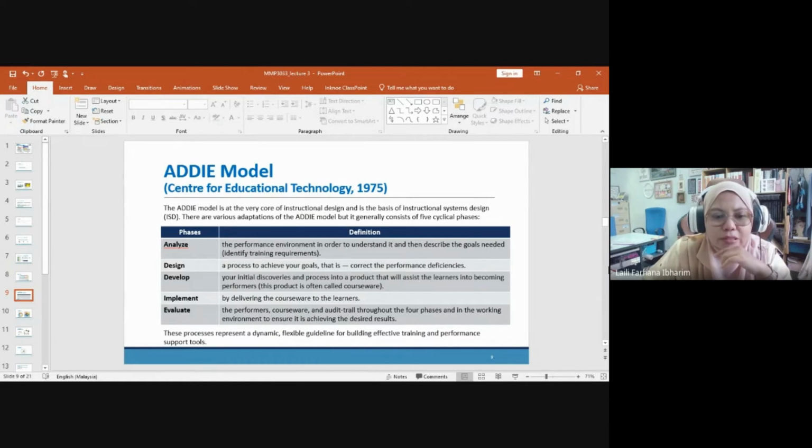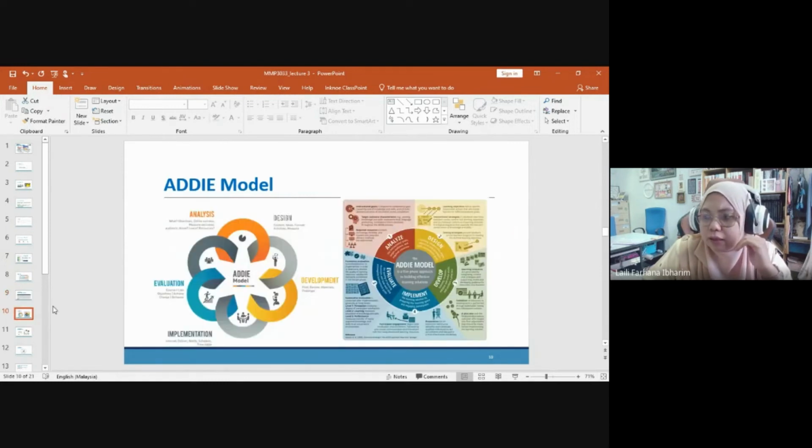This process is dynamic and flexible, so you are free to go through or follow the ADDIE model step by step. Here is the figure, the overview of the ADDIE model.